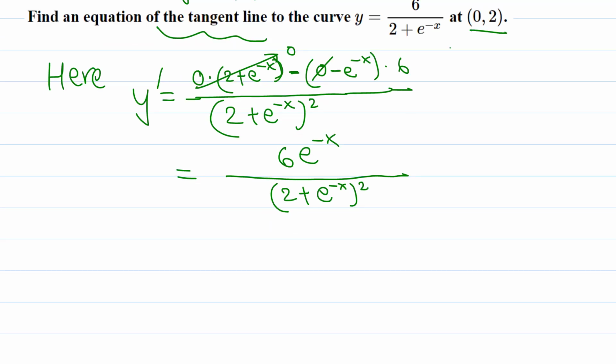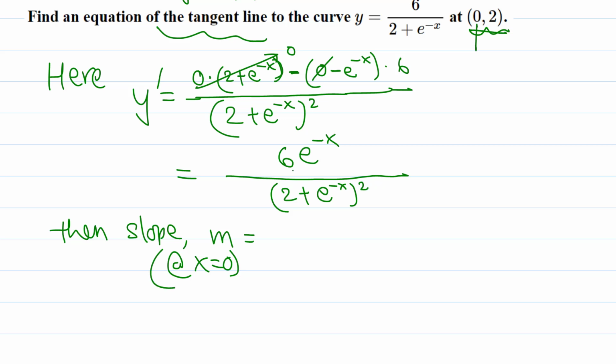Now to find the slope, we need to evaluate at 0, 2. So we plug in x equals 0. Then slope m is just that at 0. Let's plug in here 6 e raised to negative 0. E raised to negative 0, e raised to 0, same thing, that's 1.